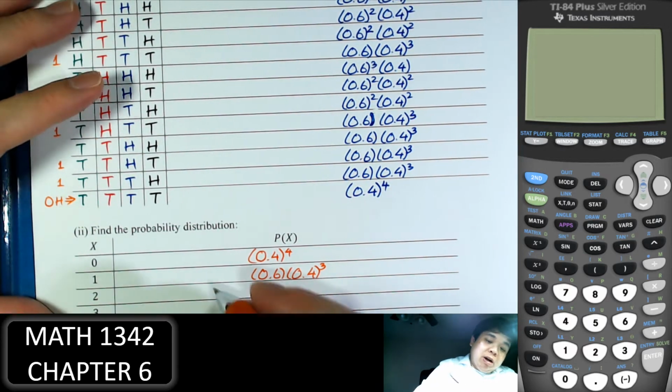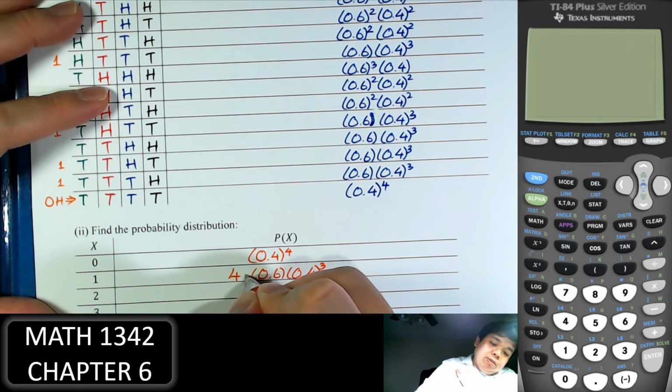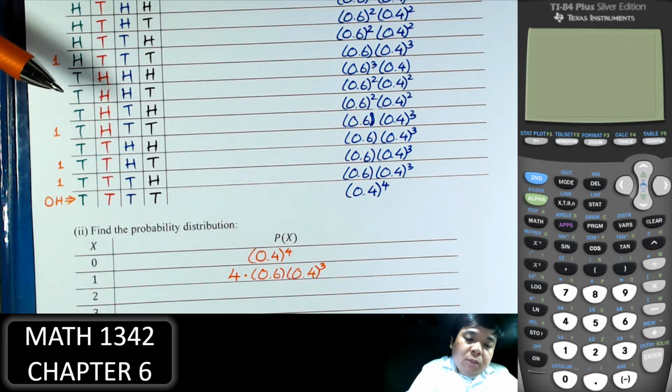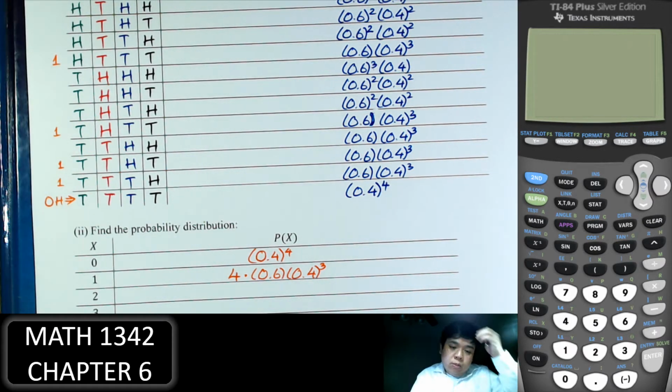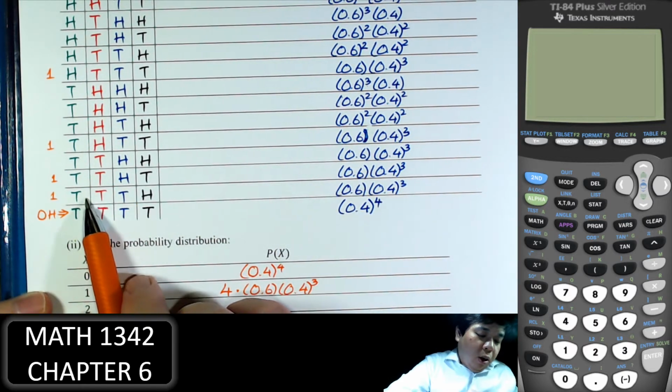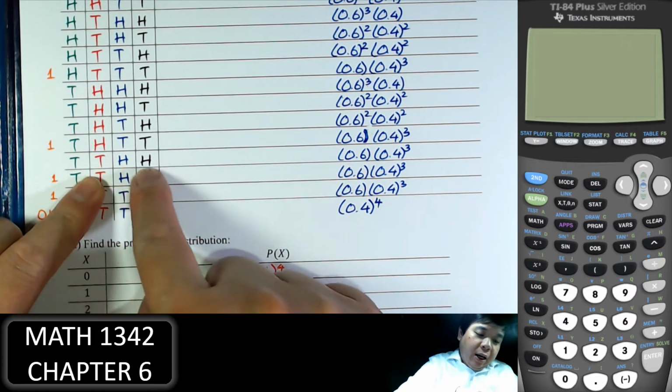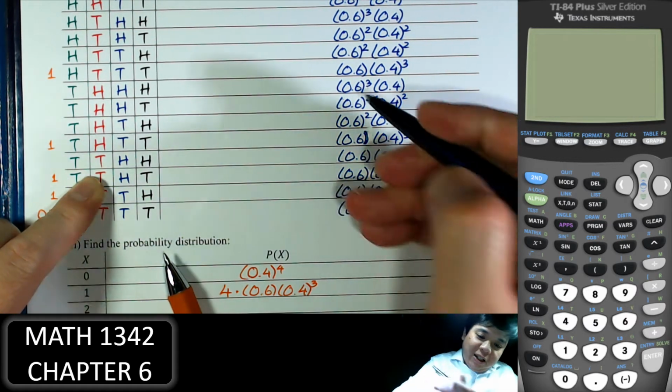We add all of them up, which means we have 4 of them.